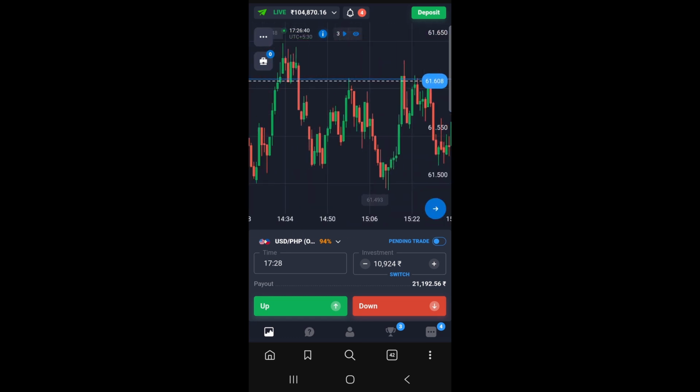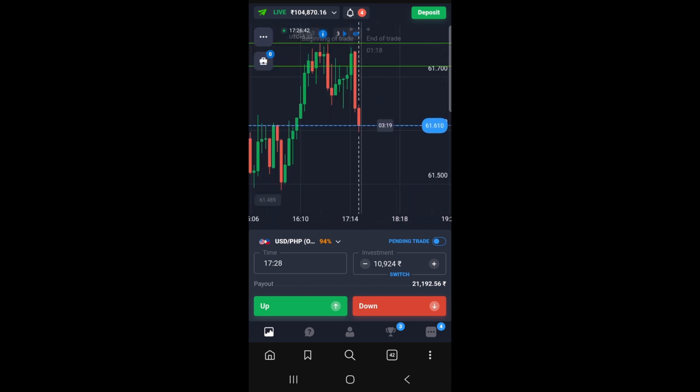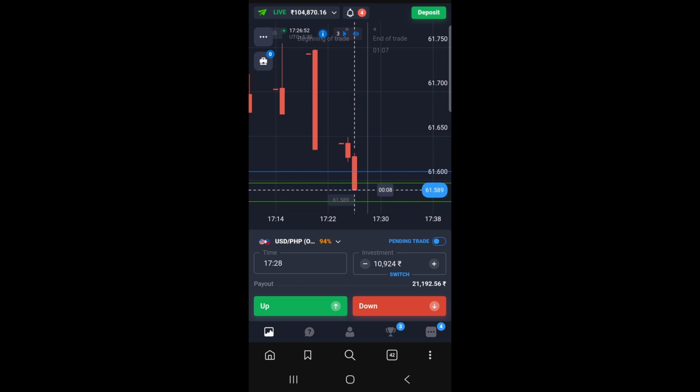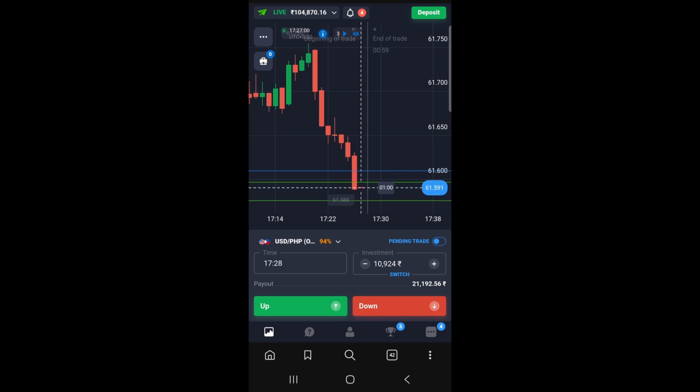I'm seeing the level. I got an opportunity. Let me draw the levels here. Here is the very SSNR level. So I will place a trade in the upward direction after the closing of this candle, or I will wait for some time.